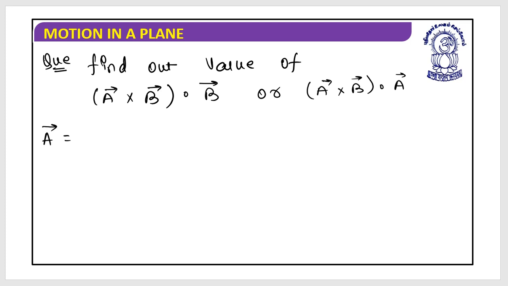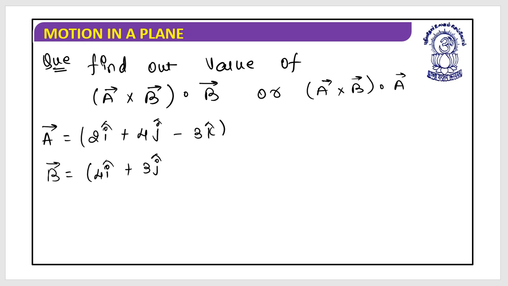A would be equal to, let's say, 2i cap plus 4j cap minus 3k cap, and vector B would be equal to 4i cap plus 3j cap plus 2k cap. Now you need to do this: A cross B dot B, or A cross B dot A.